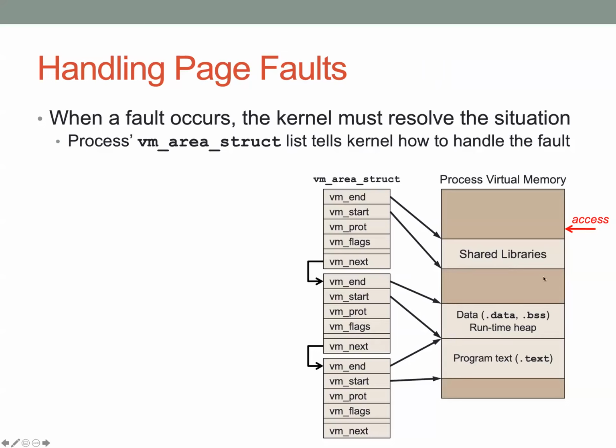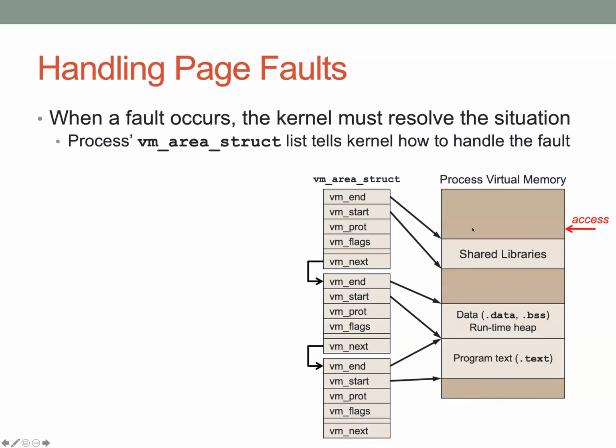Or are we trying to do a read or write to an unmapped region of memory? We need to be able to differentiate between those. What if we try to do a write into the program text, that's binary code, and we don't want to allow writes because our operating system doesn't suck?